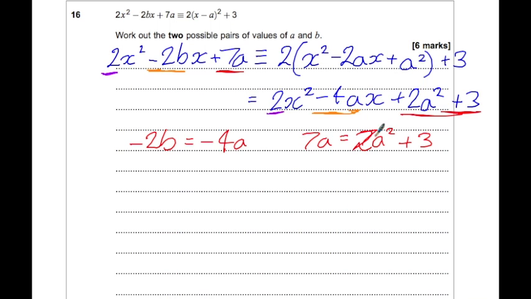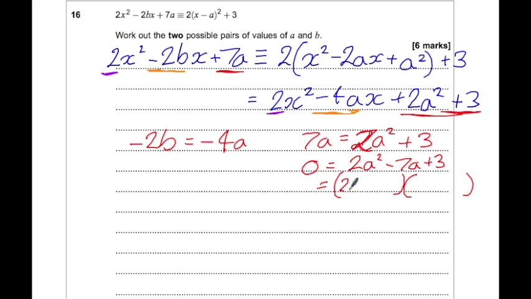So if we solve this, because this equation only involves a's... Sorry, I'm talking rubbish. So this is now a quadratic. So we'll have 0 equals 2a squared, sorry for my horrible 2, minus 7a plus 3. So we could end up with two solutions to this.